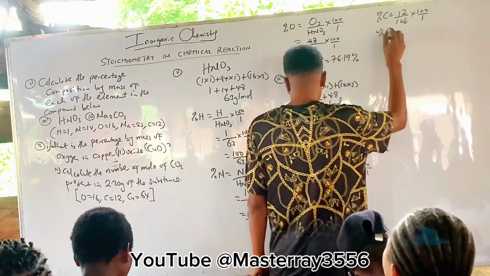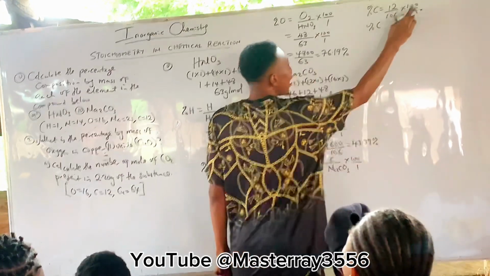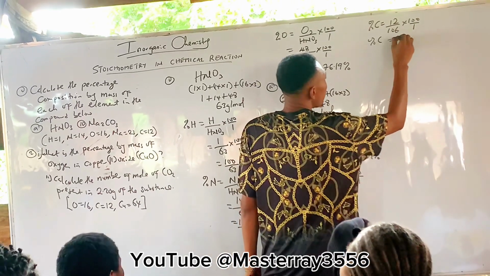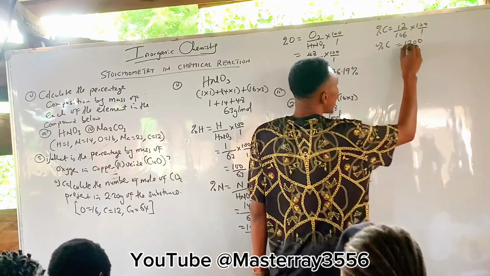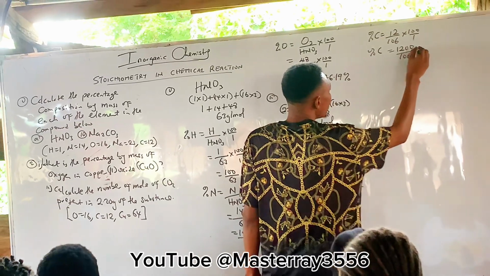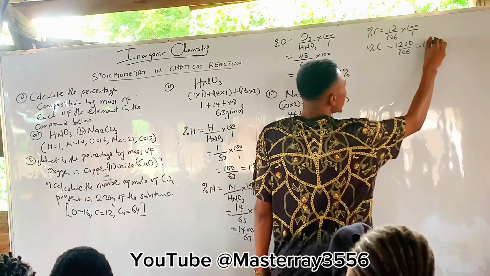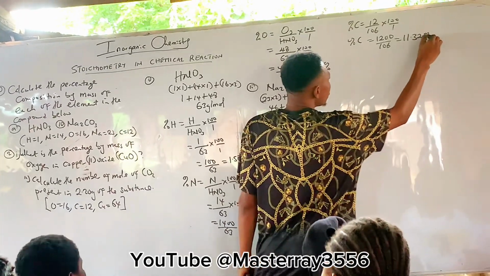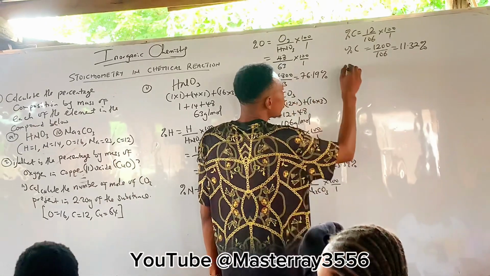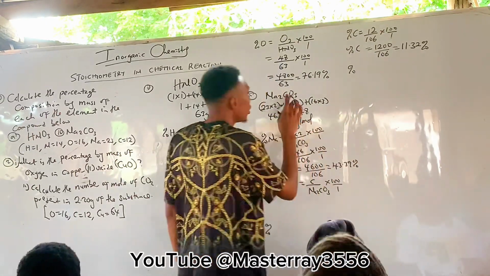So percentage of C, 12 times 100, 1200. 106 times 1, 106. So if you divide, what do we have? 11.32%.